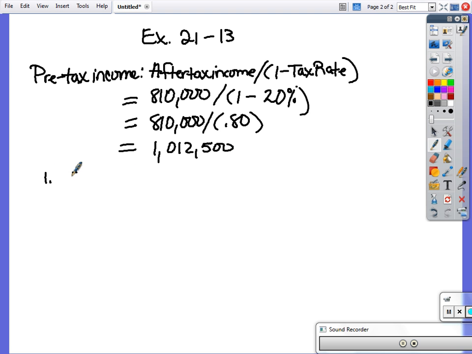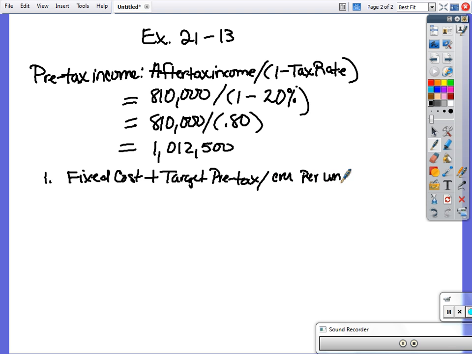Fixed cost plus target pre-tax income divided by contribution margin per unit. Okay, so what do we start off with?